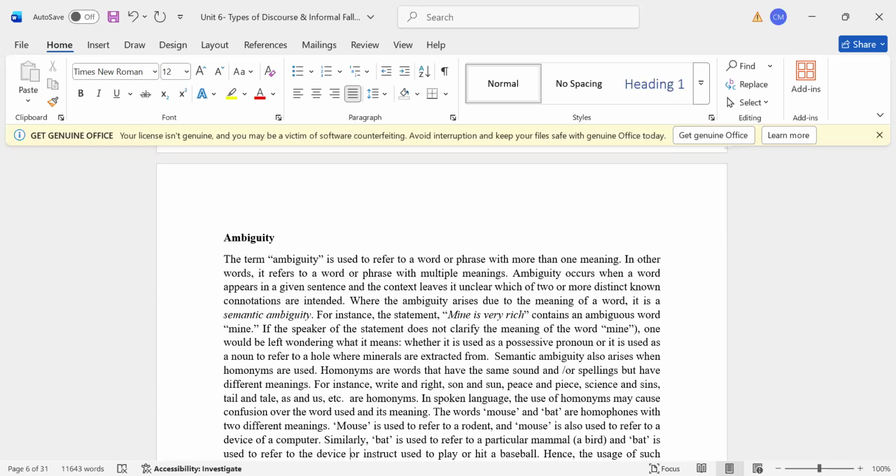So when you write, be careful about the meaning. If the same sentence can give you 2 or more meanings, then it is ambiguous. And for ambiguity, you resolve it by reconstructing, rewriting the sentence well to remove the ambiguous element in it, so that everyone looking at the sentence will have the same meaning.